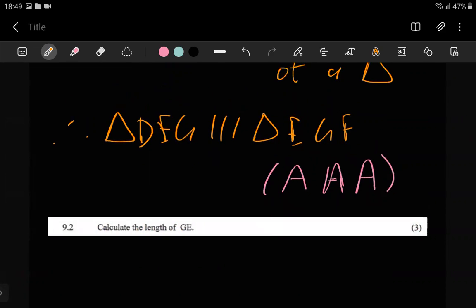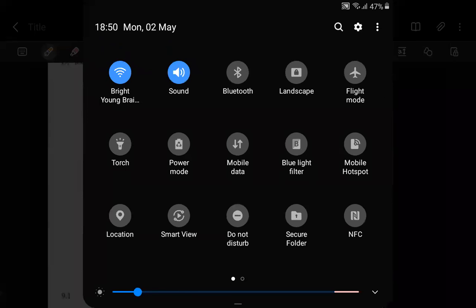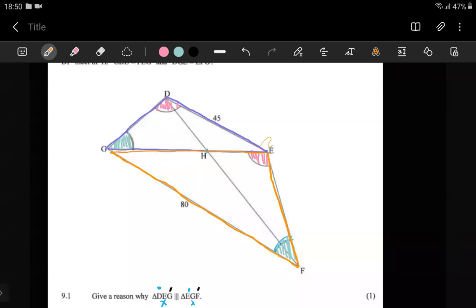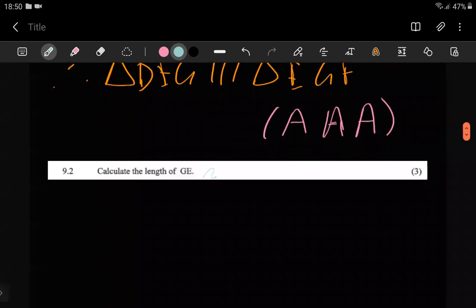Here they're asking for the length of GE. GE is this distance here. Before we can worry about getting GE, as long as two triangles are similar, you are always able to write out expressions that can help you work out different lengths in your sketch.